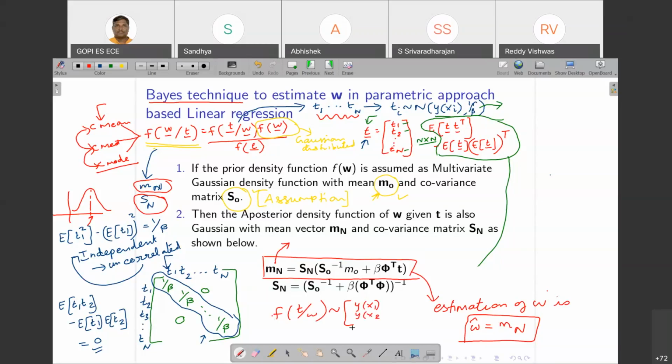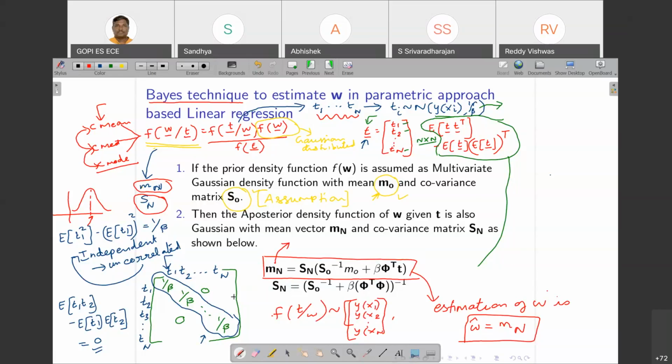This is the mean vector. And the covariance matrix is this one.